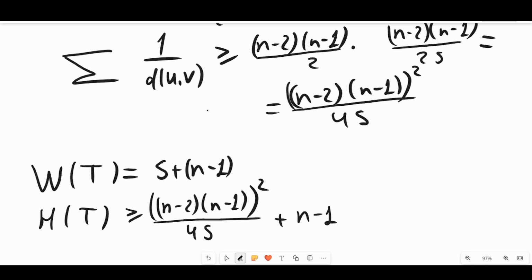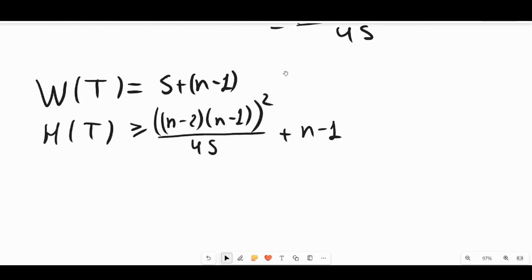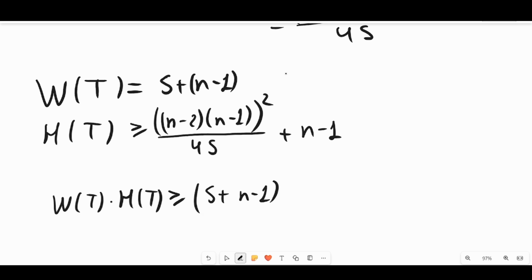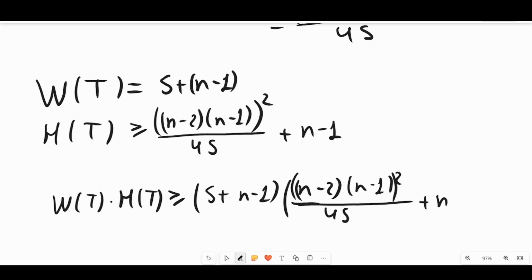Now we need to take this product. And what can we say about this product? W of t times H of t. This would be greater or equal to (S plus n minus 1) times ((n minus 2) times (n minus 1) squared over 4 times S, plus n minus 1).